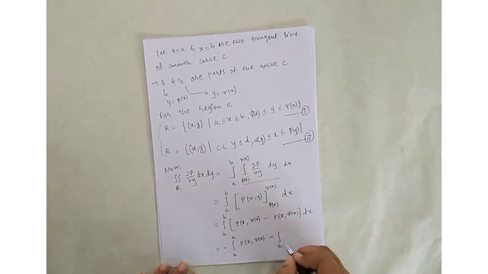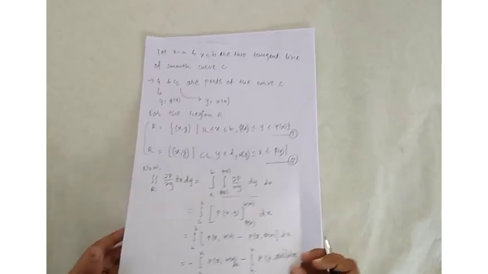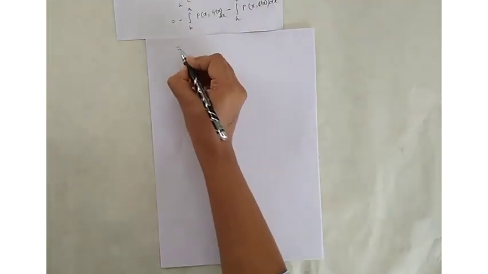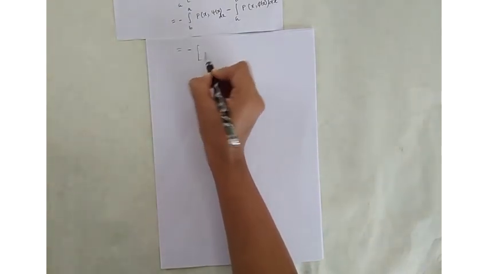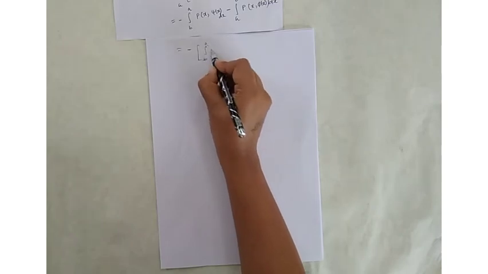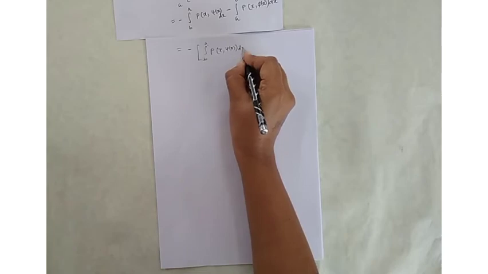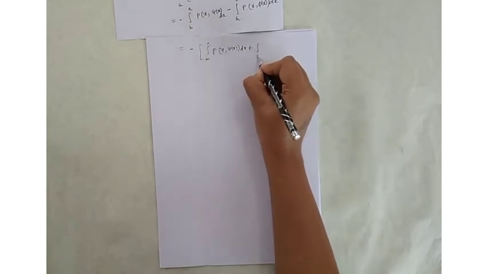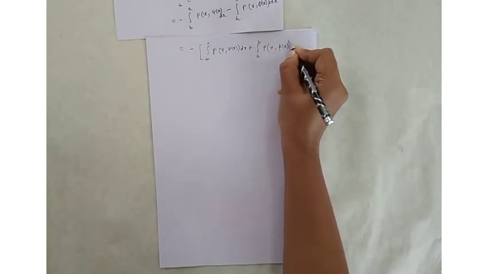Taking minus common, it is equal to minus the integral from b to a of P(x, psi of x) dx plus the integral from a to b of P(x, phi of x) dx.